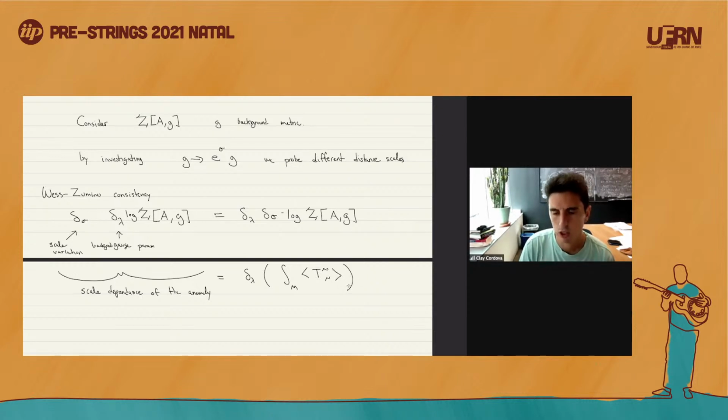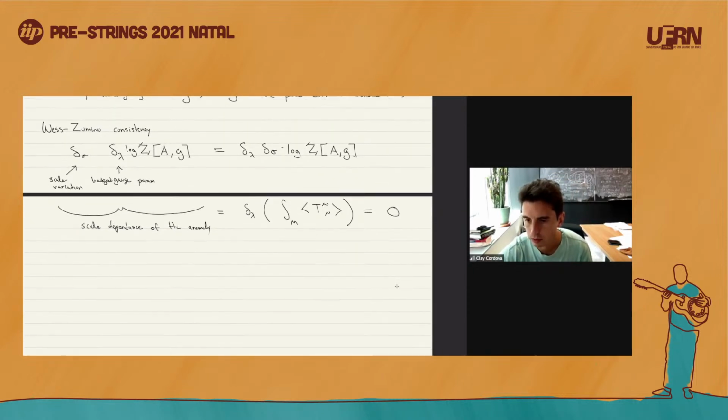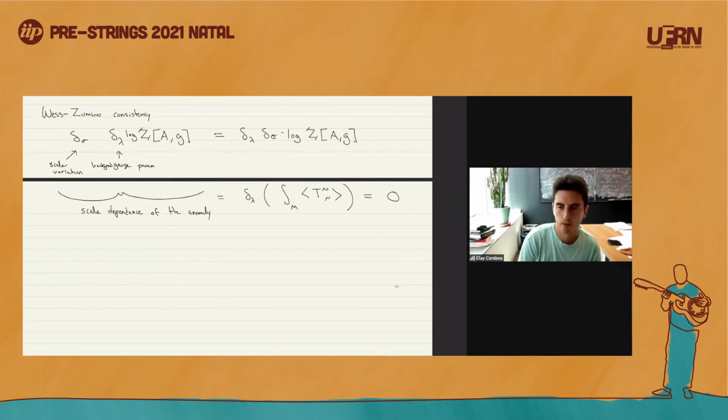And we're supposed to take delta lambda of it. And the point is that this is 0. Why is it 0? This is because the stress tensor should be gauge invariant.